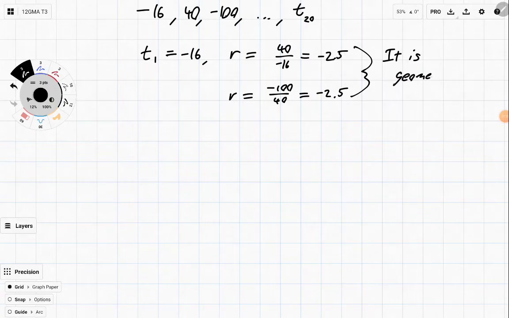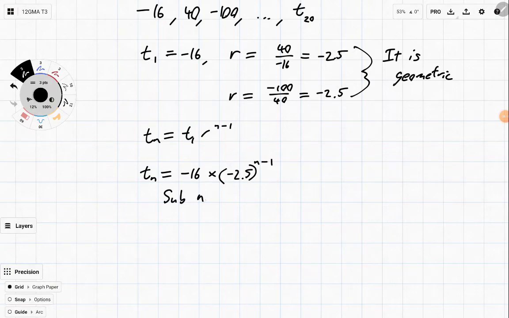And now we can predict. So Tn is equal to T1 r to the n minus 1. T1 is just negative 16. R is negative 2.5. Remember using brackets, n minus 1. And we're looking for the 20th term, so when n equals 20. And we get that T20 is equal to negative 16 times negative 2.5 to the power of 20 minus 1. And into the calculator.